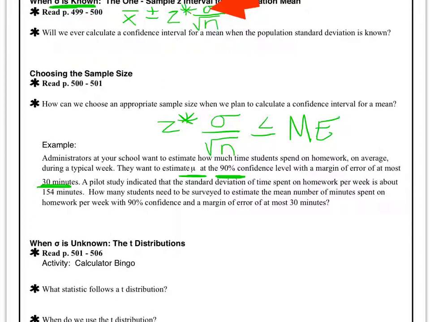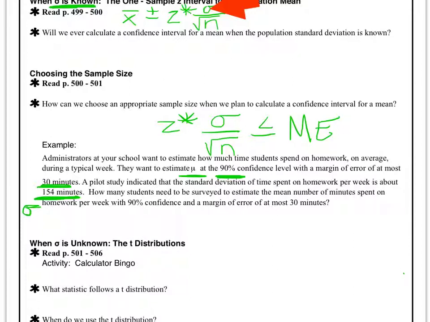A pilot study indicated that the standard deviation of time spent on homework per week is about 154 minutes. So that is my sigma that I can use. How many students need to be surveyed to estimate the mean number of minutes spent on homework per week with a 90% confidence level and a margin of error of at most 30 minutes?